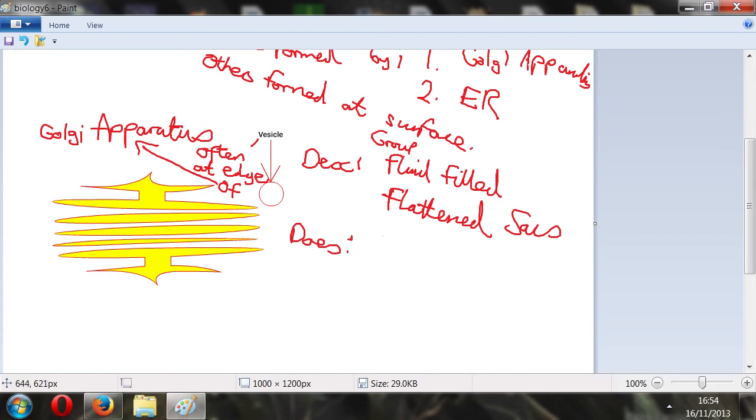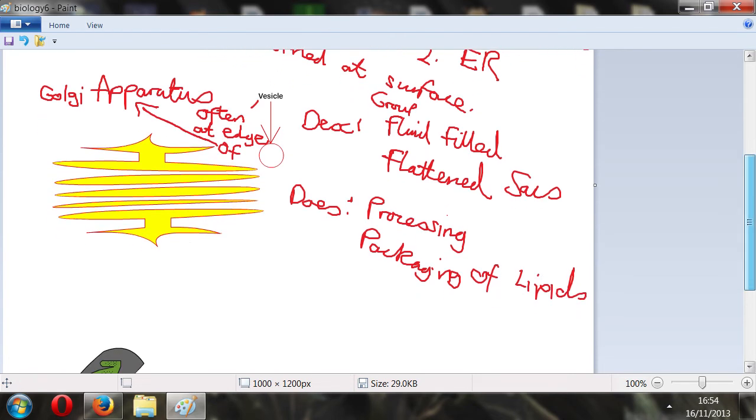It does processing and packaging of lipids and proteins. And it also makes lysosomes.